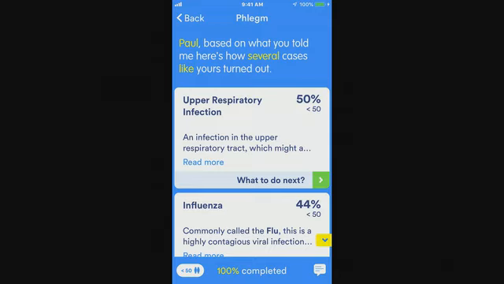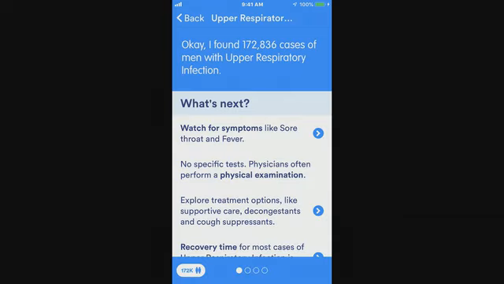So based on what he said about me, I have an upper respiratory infection with 50% likelihood, and I can ask what to do next. Watch for symptoms like sore throat and fever.